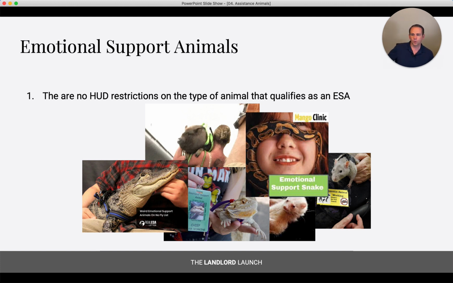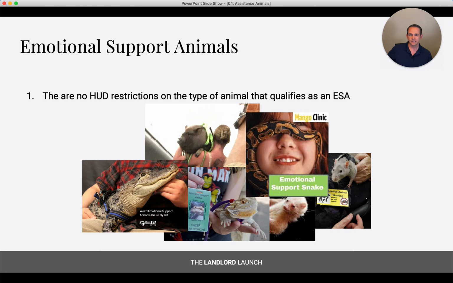Now, emotional support animals. There are no restrictions on the type of animal that qualifies as an ESA. They can be anything. I got some pictures here. Some of this stuff seems a little outlandish, but obviously it's a thing out there. They do have emotional support snakes. I have heard stories about emotional support gators.